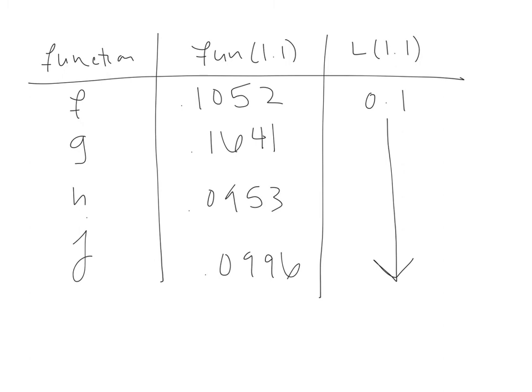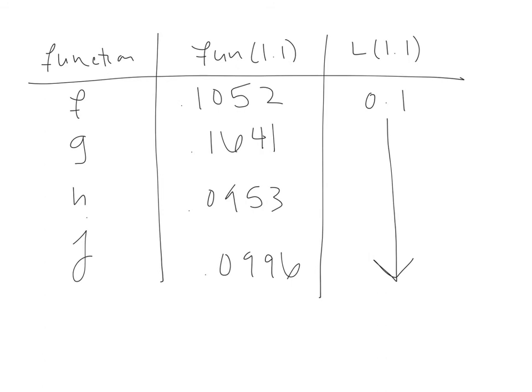All right, so what we did is use the linearization at 1 to go 0.1 away from that point. We used the linearization at 1 to go 0.1 away, and then we put it into the function so we could examine the error.